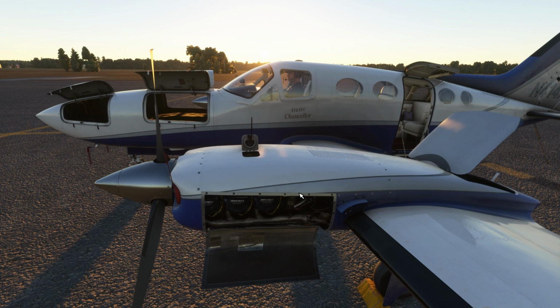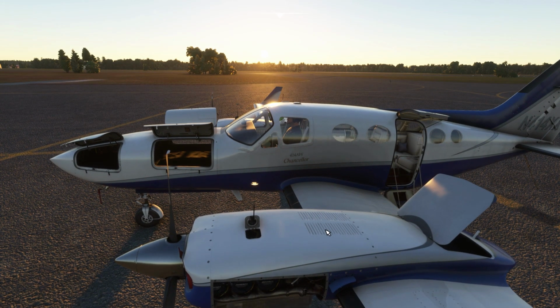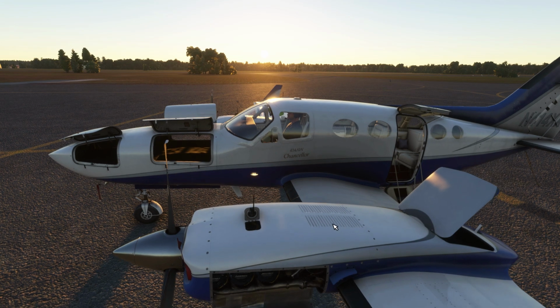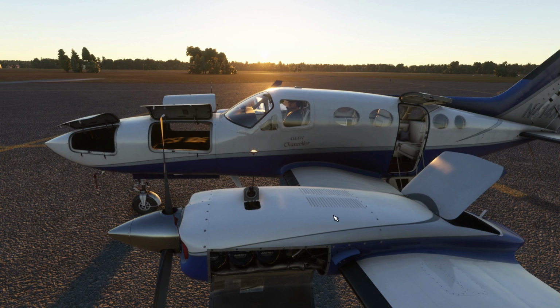Now moving under the, okay, let's just start with this. So this is part of the engine cooling system. Of course, the engine is liquid cooled, and it has a cooling liquid inside it.